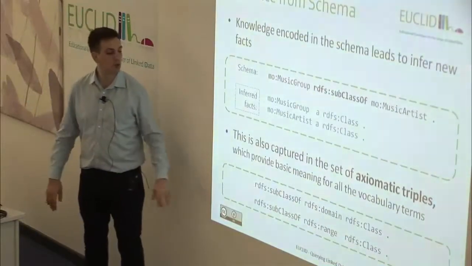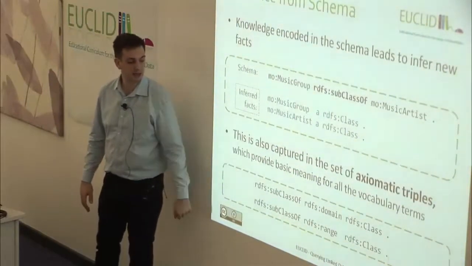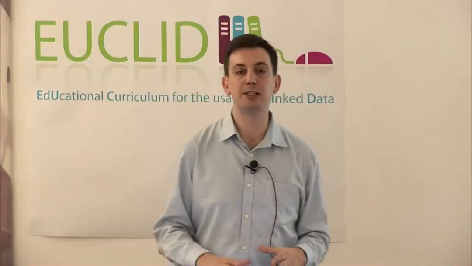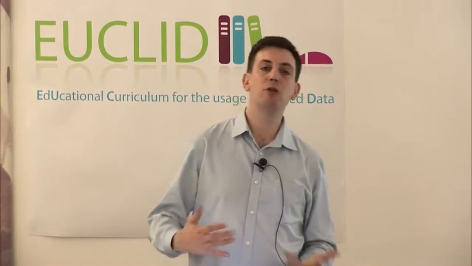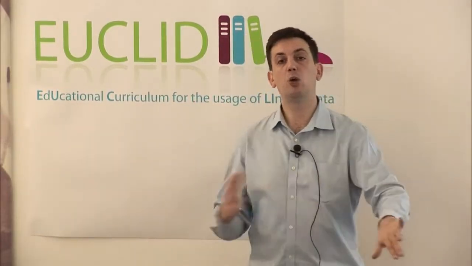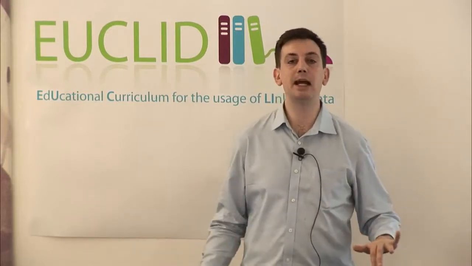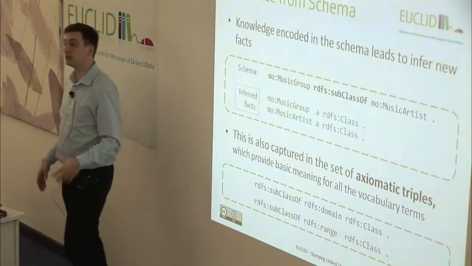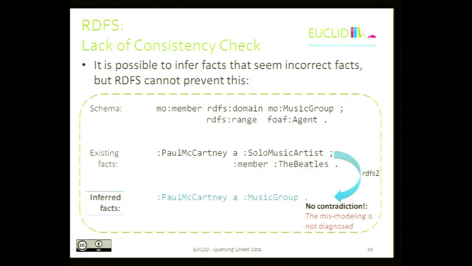So it's always the case that subclass has a domain of class and a range of class. For that reason, those are called axiomatic triples. One reason to be aware of them is when you set up a store and query it, even before you've added any data, you can get back results for certain queries like these, things that just always hold.